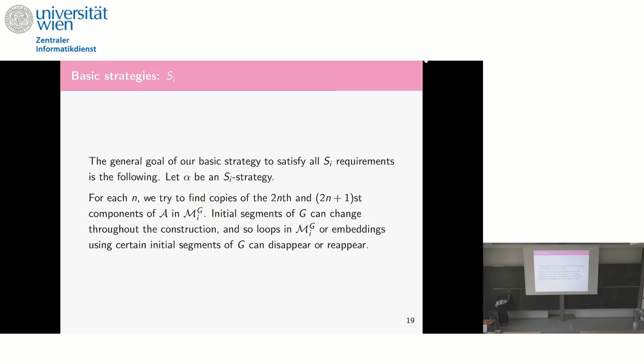Let's say your SI strategy says, oh, well, for these two connected components, I found a copy of them in MIG. So what I'm going to do is the simplest thing one can do. I need to build the isomorphism at the end. So I'm going to just send this component to this component, and I'm going to call that my FIG.